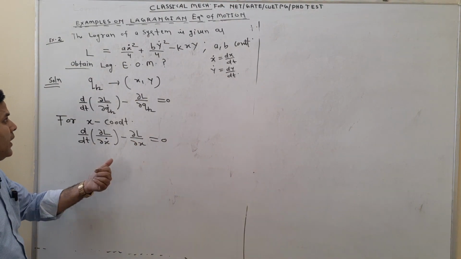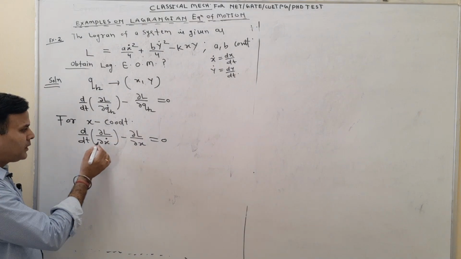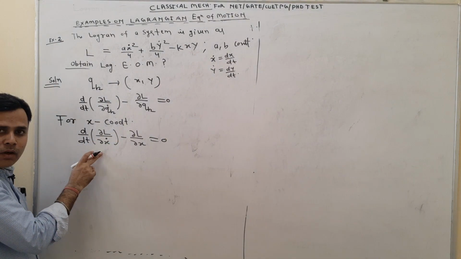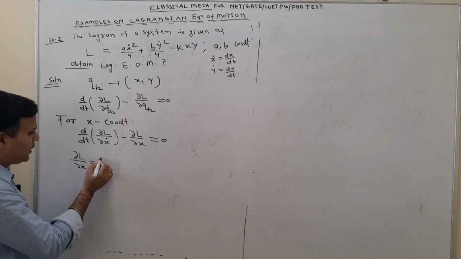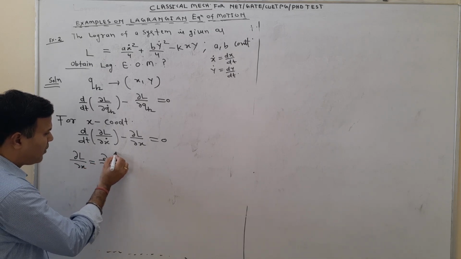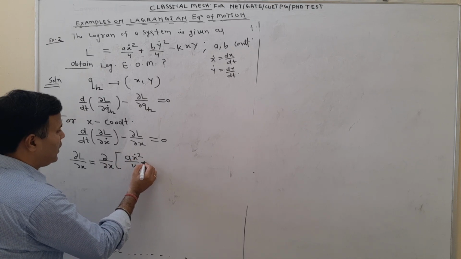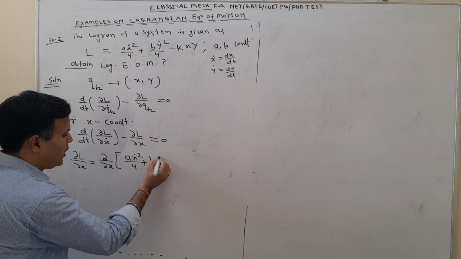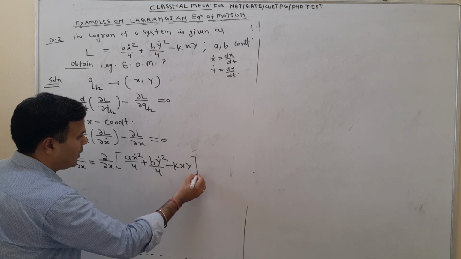So what is del L by del x? We will simply find del L by del x and del L by del x dot. Del L by del x is simply del by del x of a x dot square by 4 plus b y dot square by 4 minus kxy.